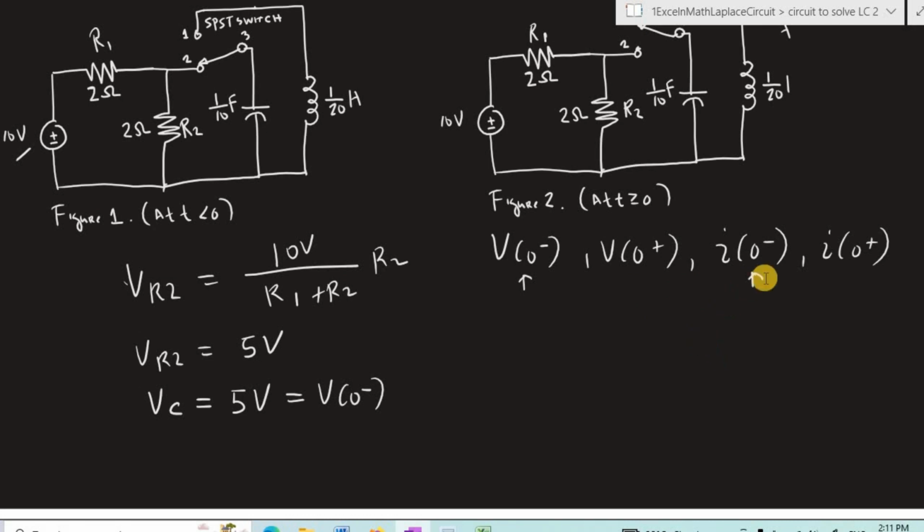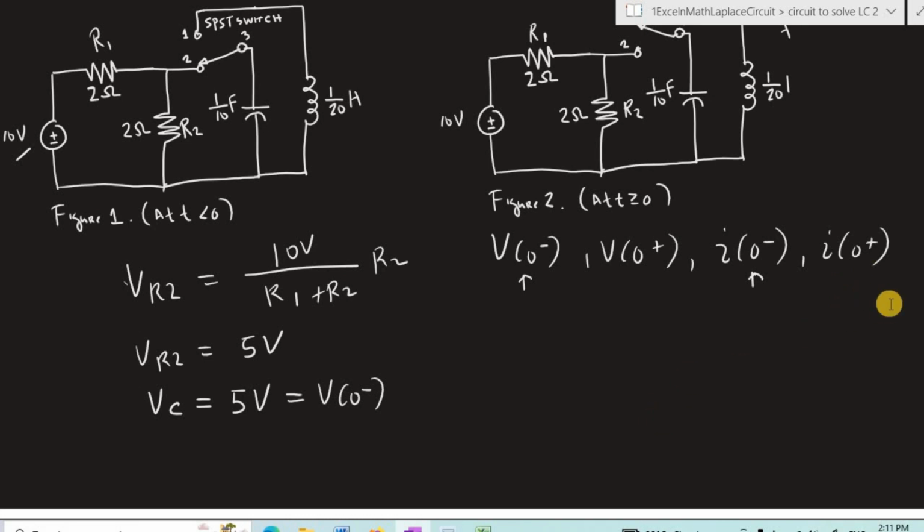In the same way, I0 minus is the current flowing through the inductor at the instant before the switch is flipped, and I0 plus is the current flowing through the inductor at the instant after the switch is flipped.